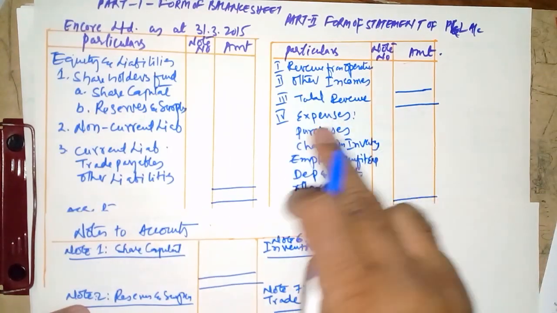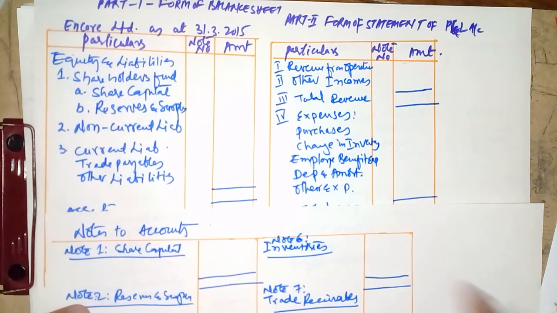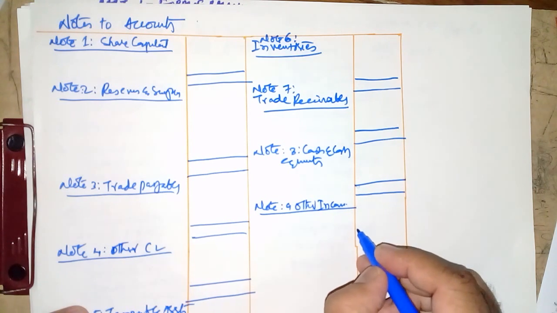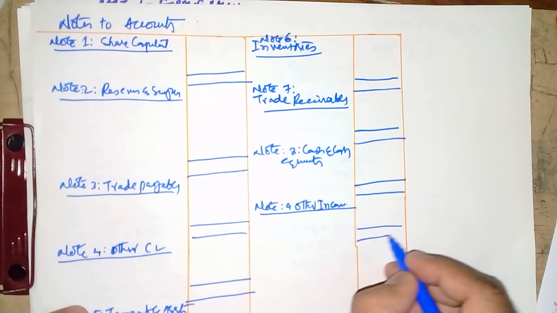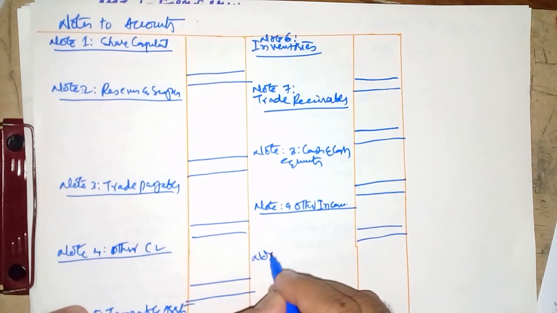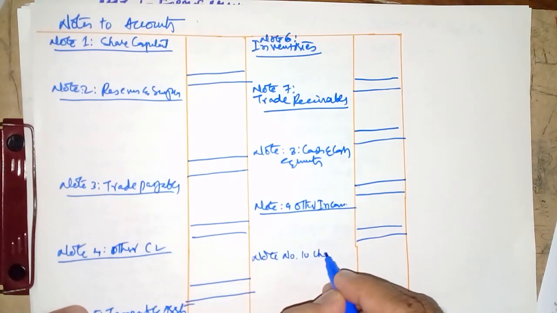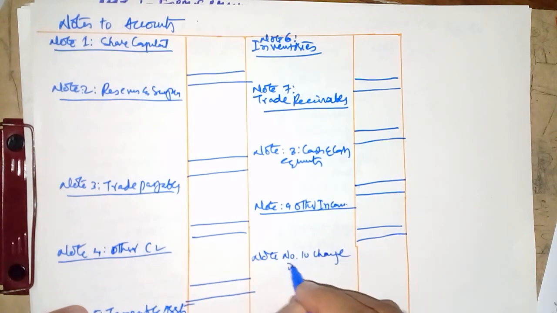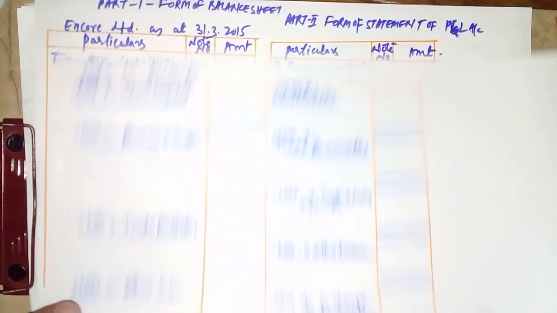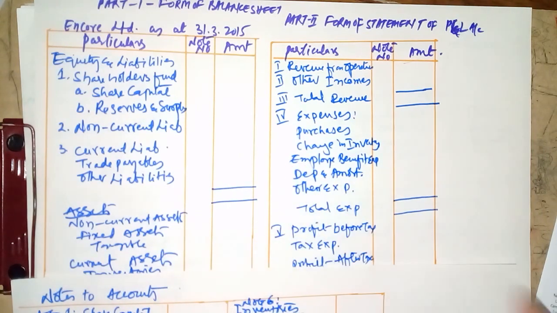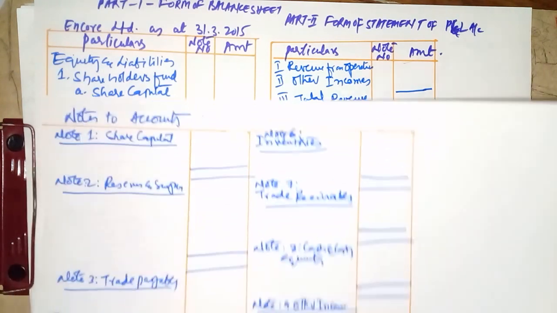Then total revenue, expenses: under that purchases is directly given, change in inventory we write to make you understand. That is note number 10, change in inventory, right? Next one, change in inventory, then employee benefit, then depreciation and other expenses.